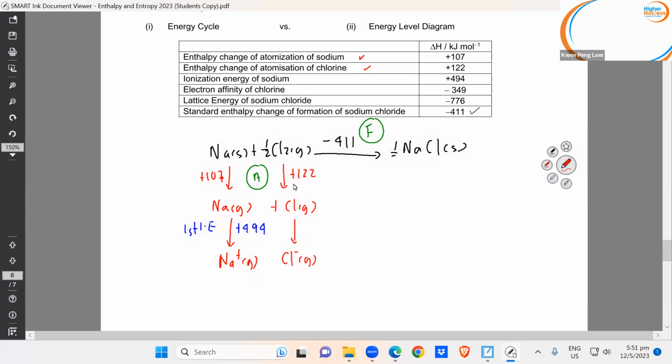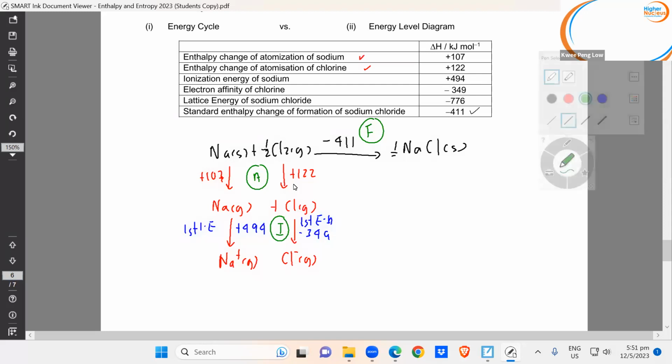Cl gets the electron from sodium. As sodium becomes sodium plus, it gives out a mole of electrons. That electron will be taken in by Cl gas to become Cl minus gas. So this is what we call our first electron affinity, and the value is minus 349. So collectively, these 2 are what we call ionization.